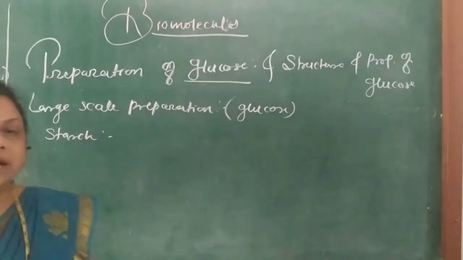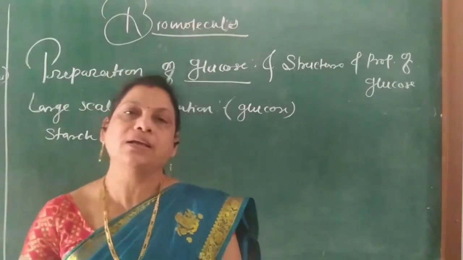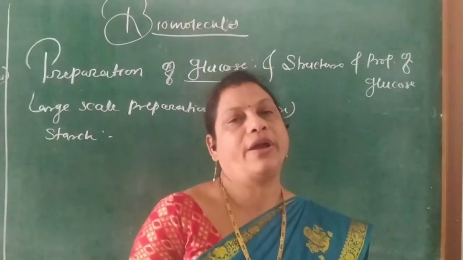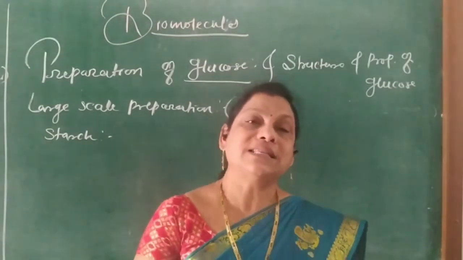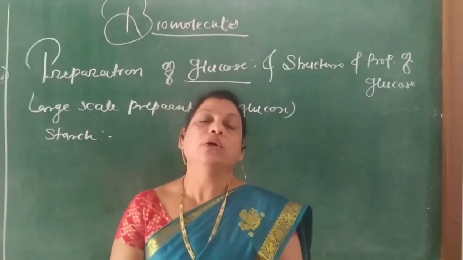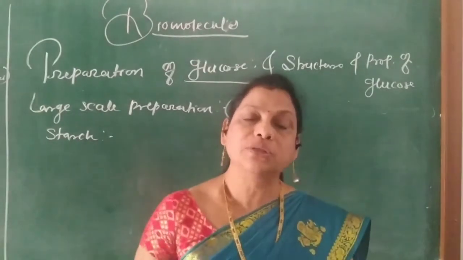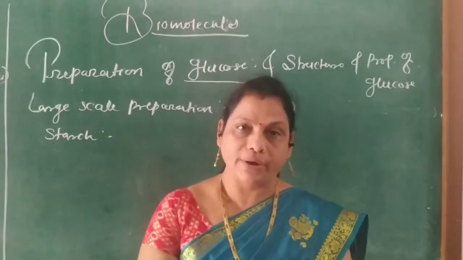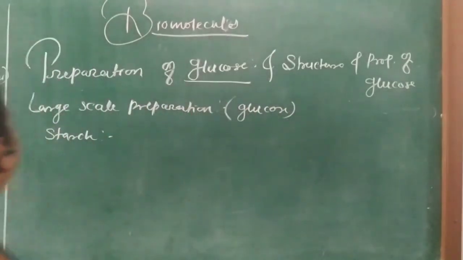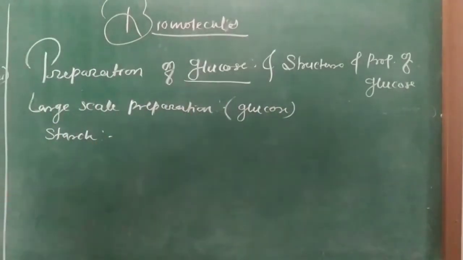The starch has the general molecular formula (C6H10O5)n. Okay, and starch is the one molecule which gives a large number of glucose molecules after hydrolysis. So let's start with preparation of glucose from starch.